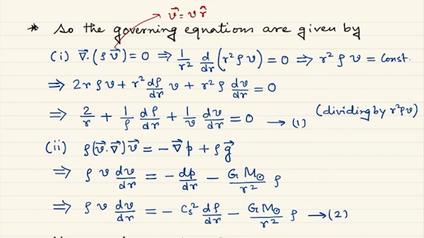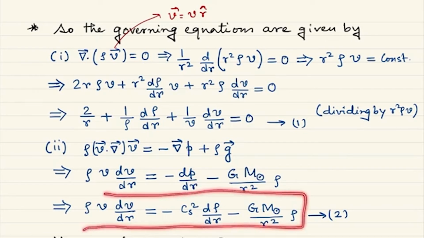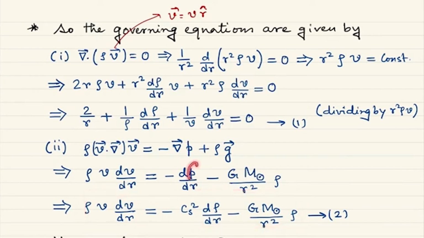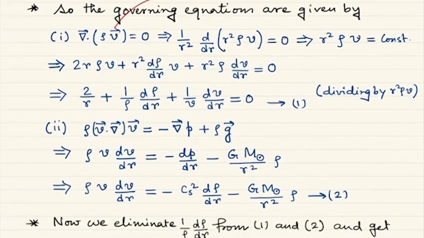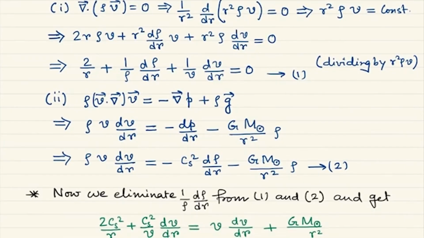Then finally, you can just write this equation, substituting p by Cs square times rho. There is no other change other than substituting p by Cs square rho, and Cs is a constant of the system. So we can simply write this equation number 2.